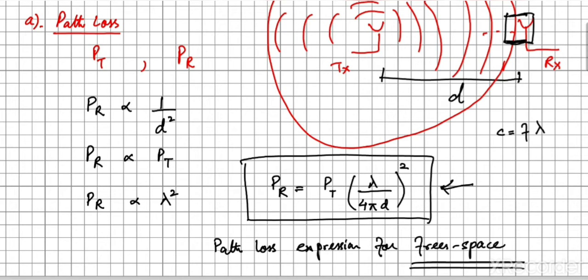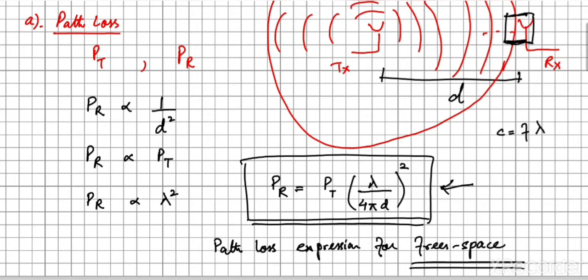You can imagine free space as communication between a transmitter and receiver placed, in more real terms, on very high grounds. So if there is a direct line of sight between two mountains and there is a valley in between, the propagation model, or the amount of received power at the receive antenna, can be very accurately predicted by this equation. So this is referred to as the free space path loss model.